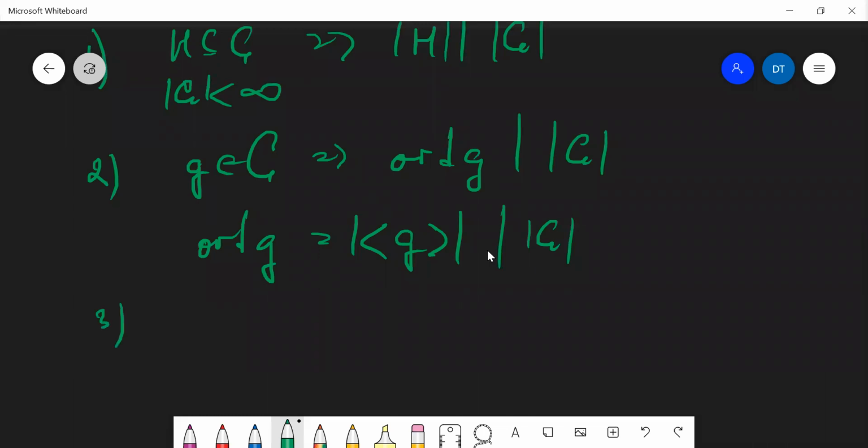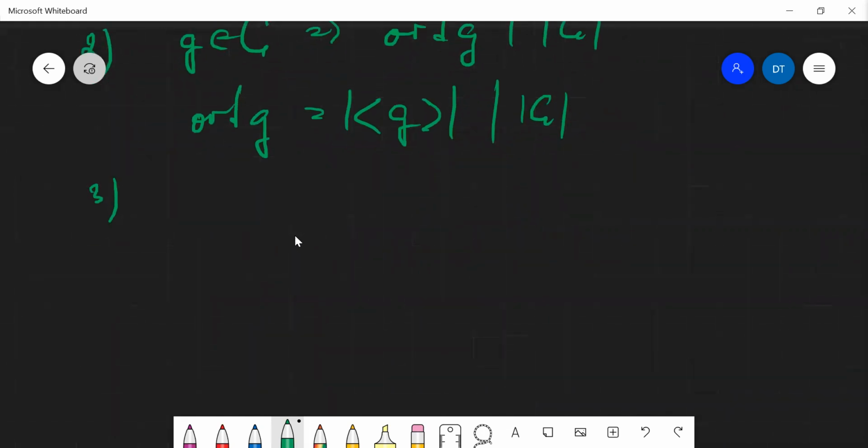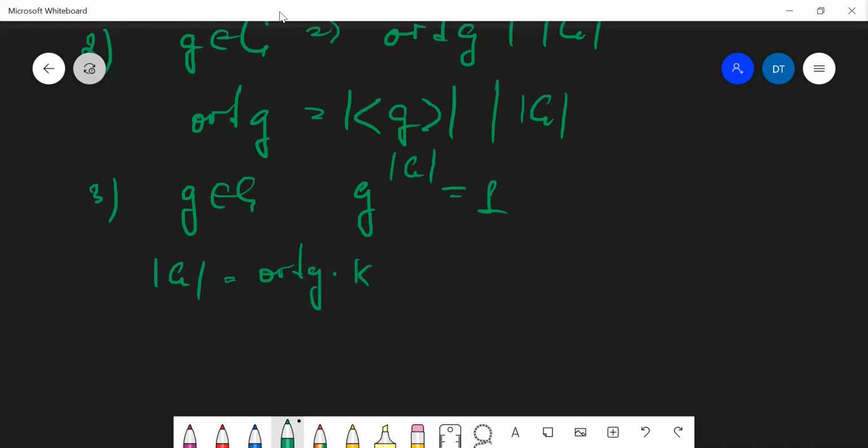And corollary number three says that if you take an arbitrary element g from the group G and raise it to the power of the order of G, you will get the identity element. Why? Because of the previous corollary, we have the order of the group equal to the order of the element g times some integer k, because the order of the element divides the order of the group.